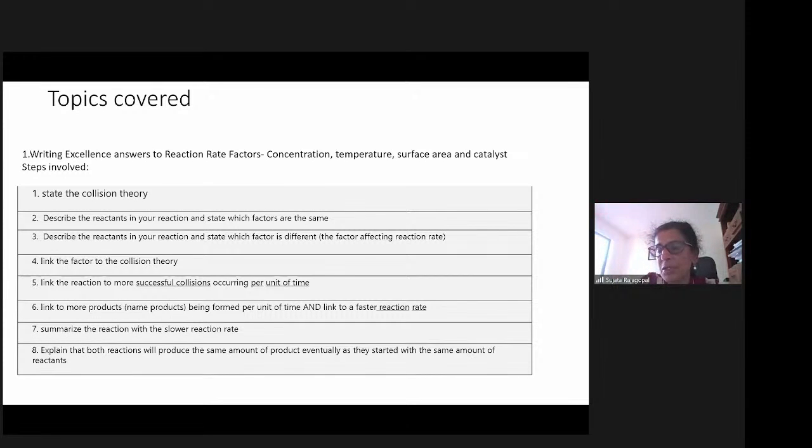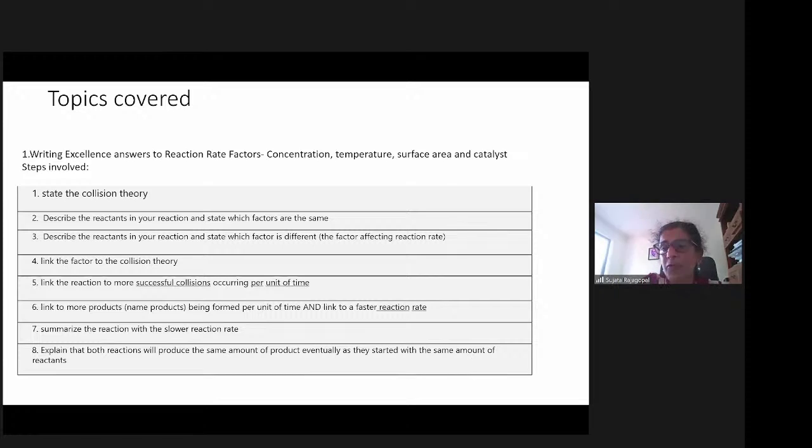The other thing you need to remember is that when a reaction is changing, the factors only change or speed up the reaction. The mass or the volume produced will not change, whether it is at a lower temperature or a higher temperature, or a more concentrated or less concentrated solution, or more surface area.